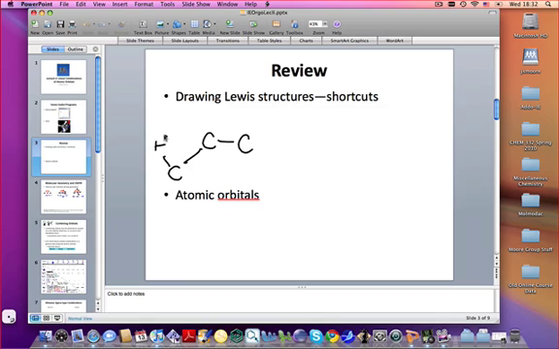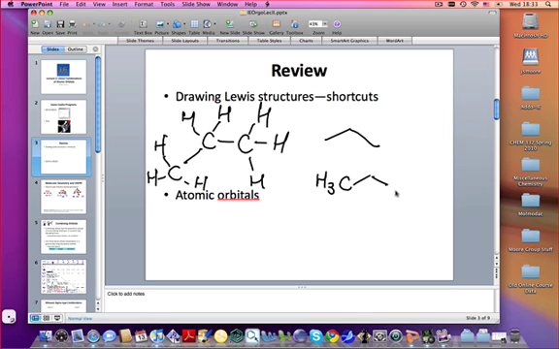Take, for instance, propane, which the full Lewis structure is this guy right here. Most chemists would draw this one of 2 ways, either simply like this, or with the methyl groups on the end like this and drawing that inner carbon with no hydrogens on it.